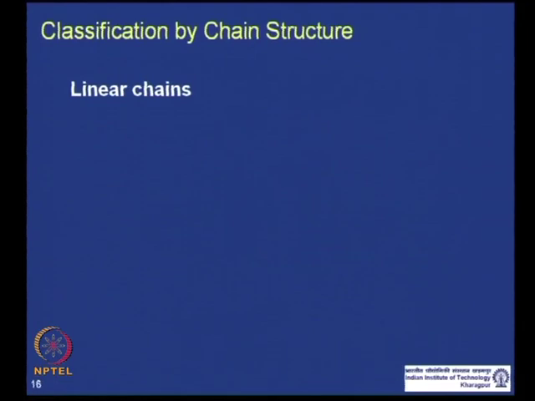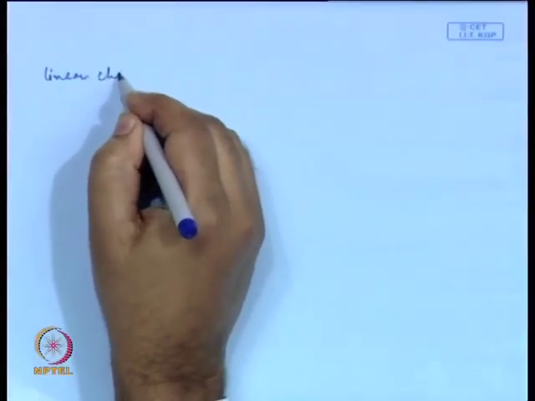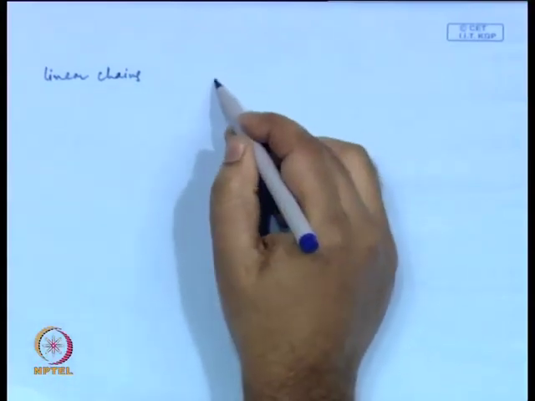Polymers can be classified according to the chain structure. It can have linear chains like this.